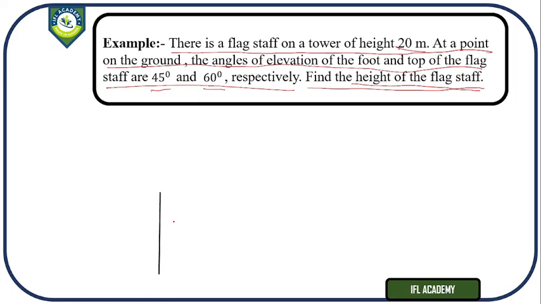Suppose this is the tower. This is the tower of height 20 meter. This is the flag staff on the top of the tower. Now let us consider a point P on the ground.